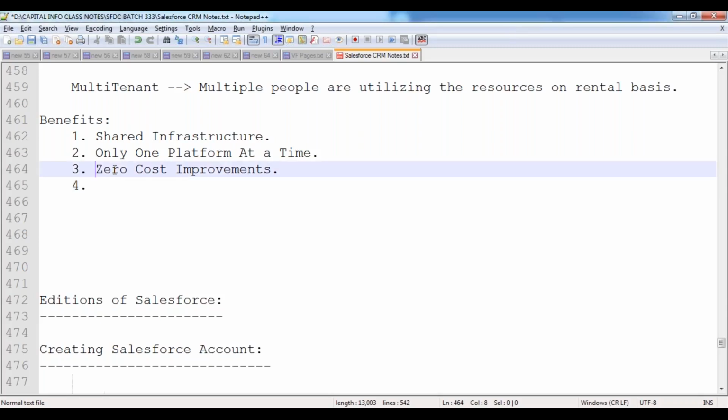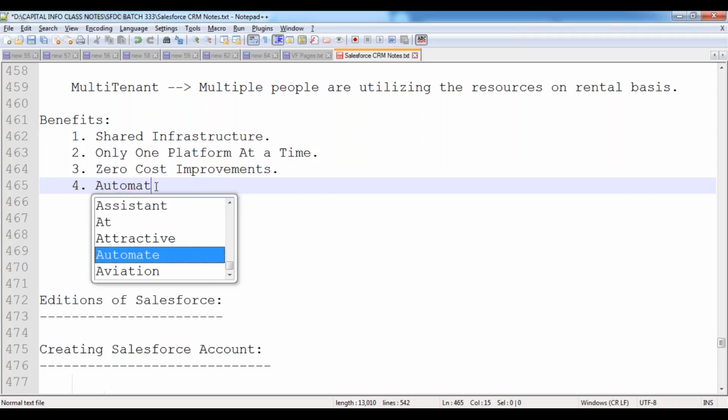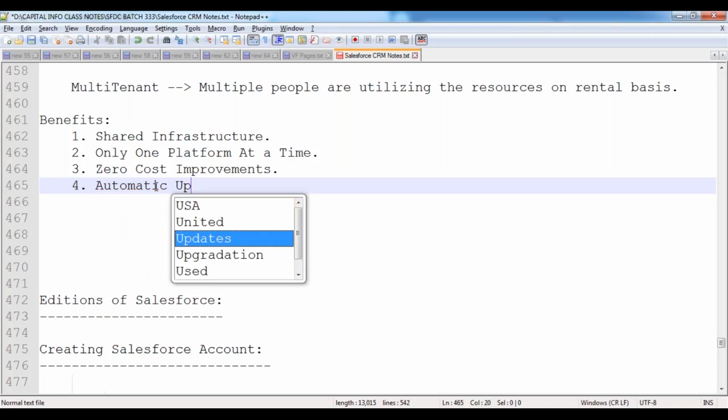Salesforce is providing the new features to you free of cost. Next, the next feature is automatic upgradations.